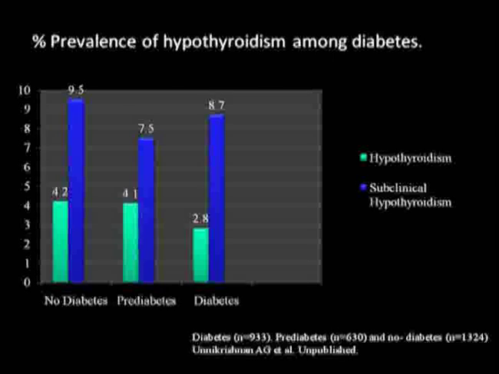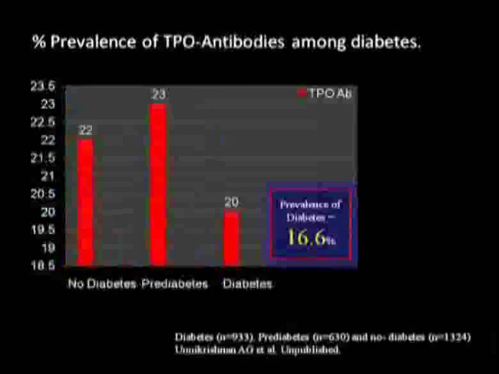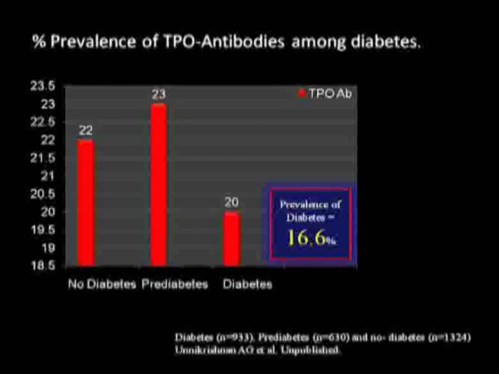Still, about 1 in 10 patients had hypothyroidism. So hypothyroidism is present, but I don't think people with type 2 diabetes have more hypothyroidism than normal people. We didn't find that.